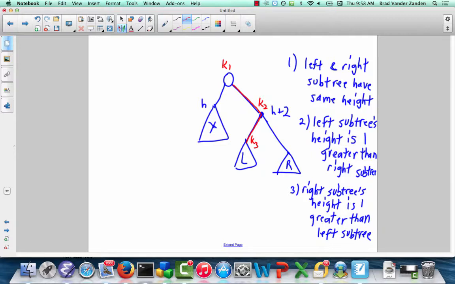In this case, we would do a double rotation about K3. So that's handling case 2 right here. We assume the left subtree's height is 1 greater than the right subtree, so we have the zigzag situation, and that's how we rebalance with a double rotation about K3.